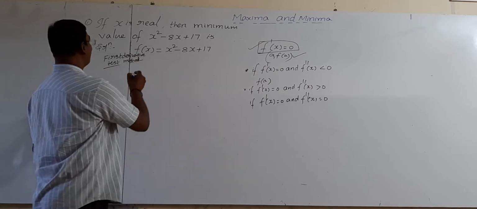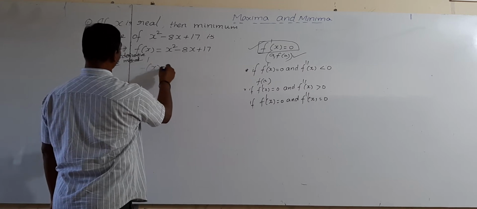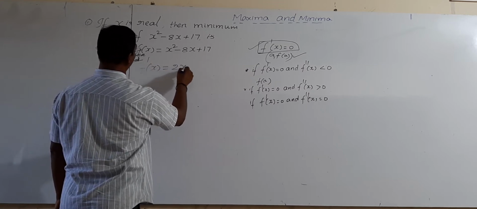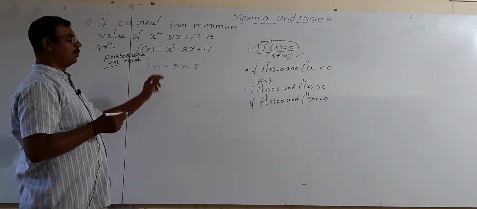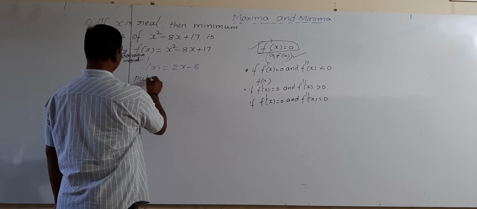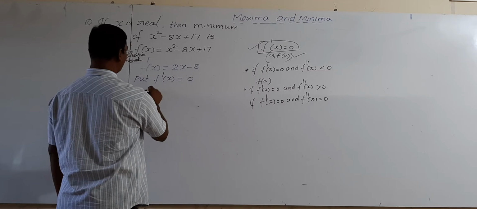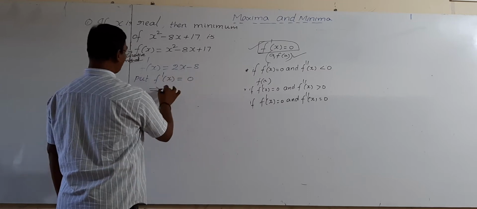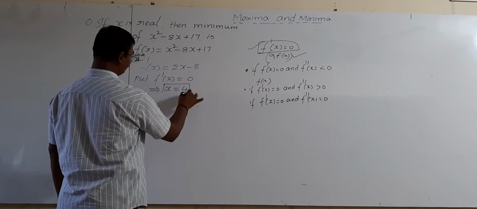Find the derivative. f'(x) is equal to 2x minus 8. Then put f'(x) equal to 0, stationary. 2x minus 8 is equal to 0. x is equal to 4.